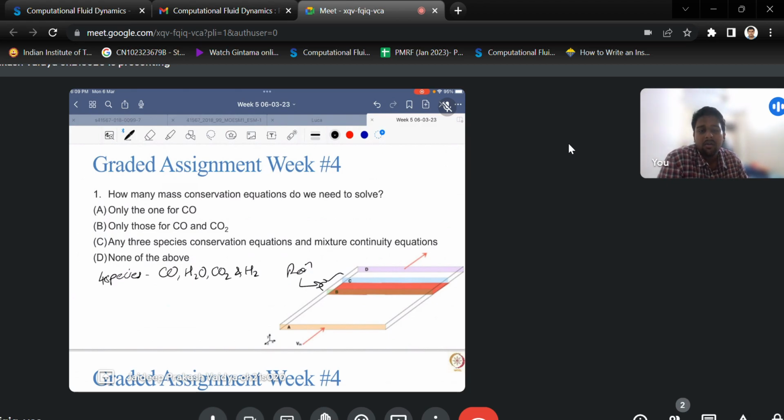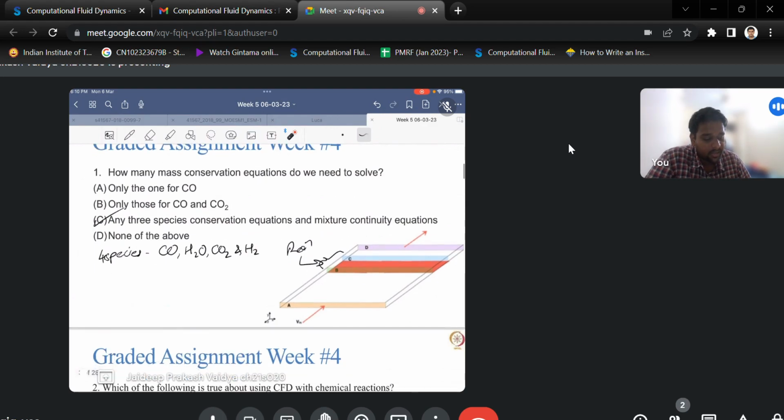So we need to solve four equations. And we can solve any four equations. Usually what we do is we solve three species conservation equations and one mixture continuity equation. We can't just solve for CO and CO2 or any other way. We have to solve four equations simultaneously to get the mass flow rate of all of these species and the mixture.